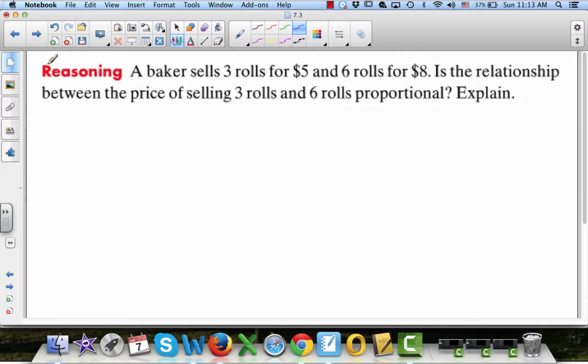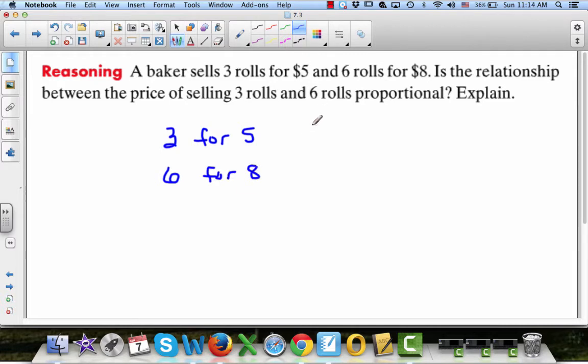A baker sells 3 rolls for $5 and 6 rolls for $8. Is this relationship between selling 3 rolls and 6 rolls proportional? Well, we've got 3 rolls for $5 and 6 rolls for $8.